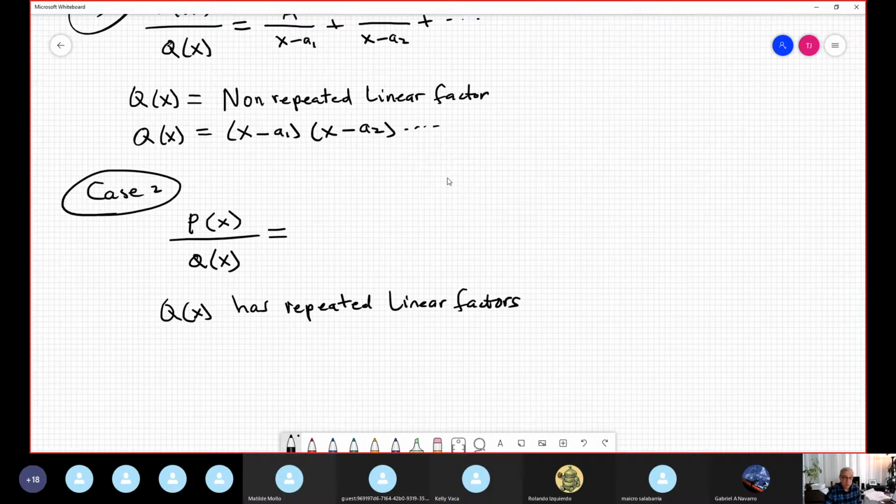Well, to complicate things, suppose Q of x is (x minus a) to the 4th power. The multiplicity is 4.